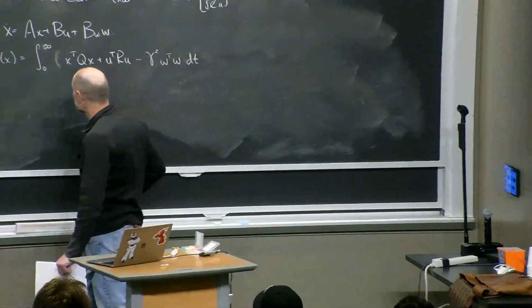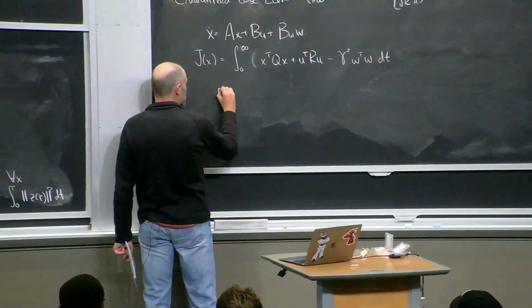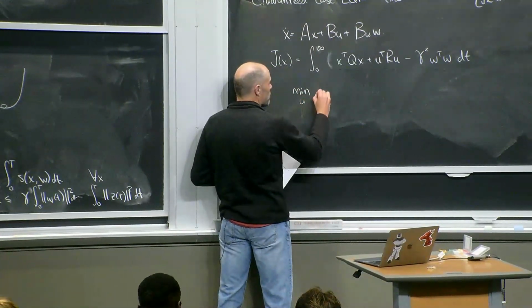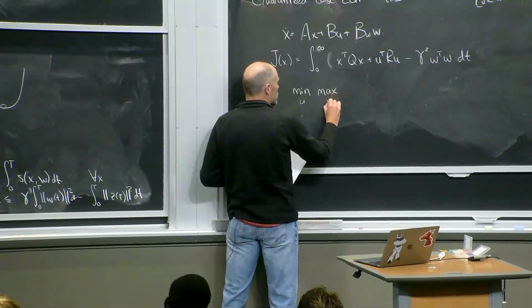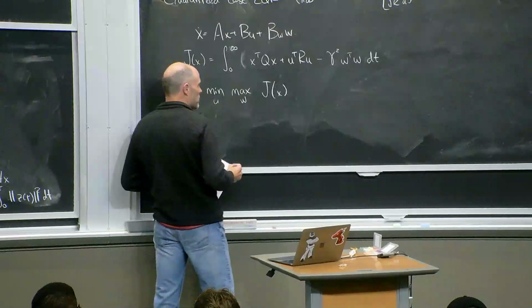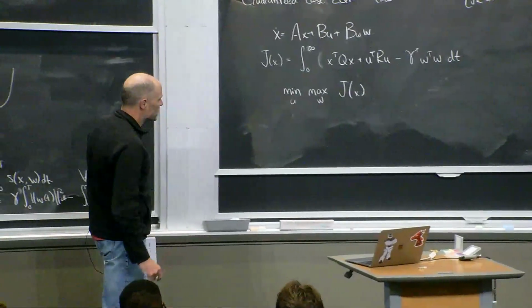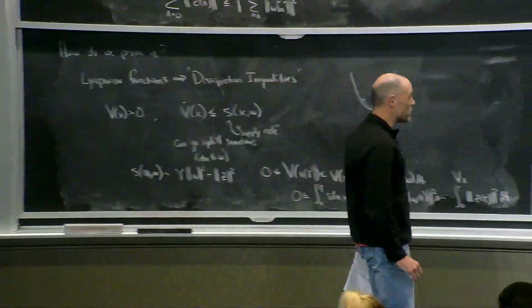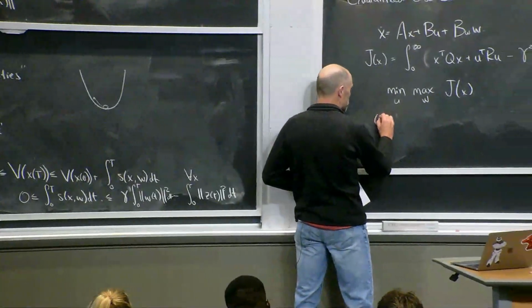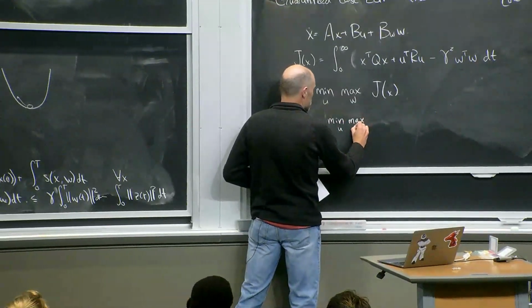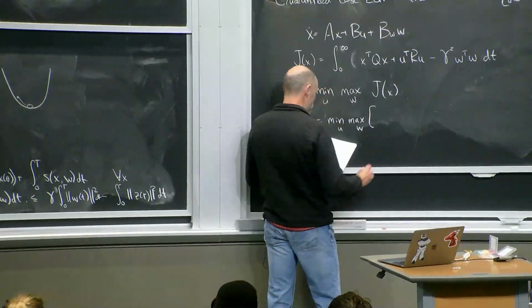And then what I'd like to do is find my controller that's going to be the min over U of the max over W of J of X. Call it a differential game if you want. It's a minimax optimization. So the Bellman equation still works.